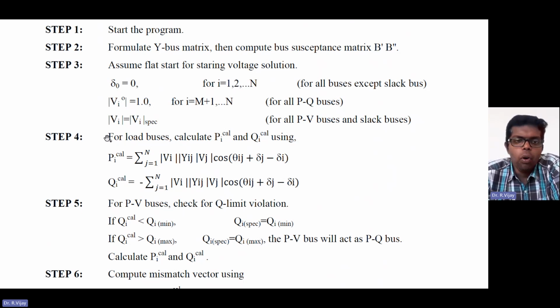Next, step number four. For load buses, calculate the P calculated and Q calculated values.